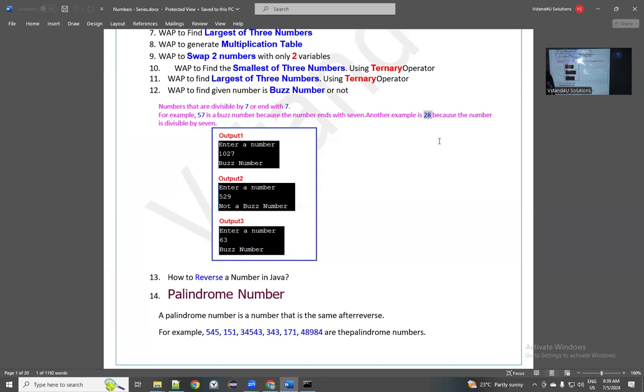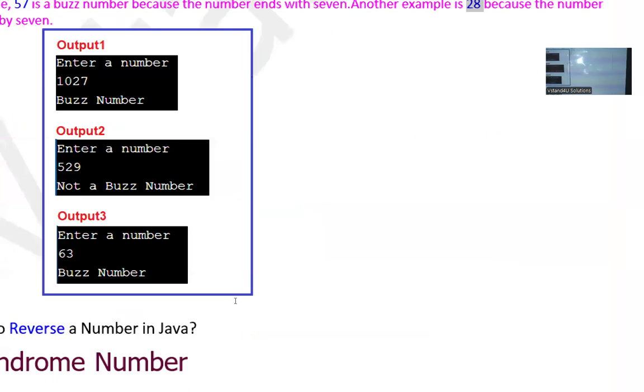Look at the example; if it is not visible, let me make it visible. Now visible. Enter number: 1027. Divisible or ends with 7? Are we sure it is divisible? Not a buzzer, means not divisible. Next, 63.